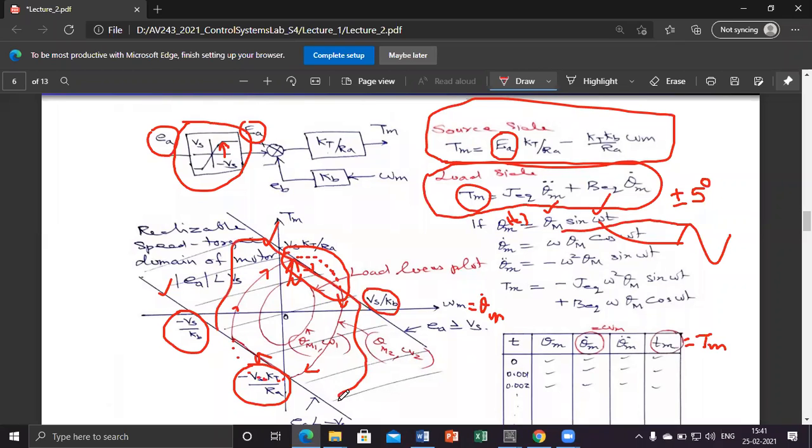Some other contour will come here, and in all cases, you cannot exceed this speed bound. You may be dancing within these two bounds only.